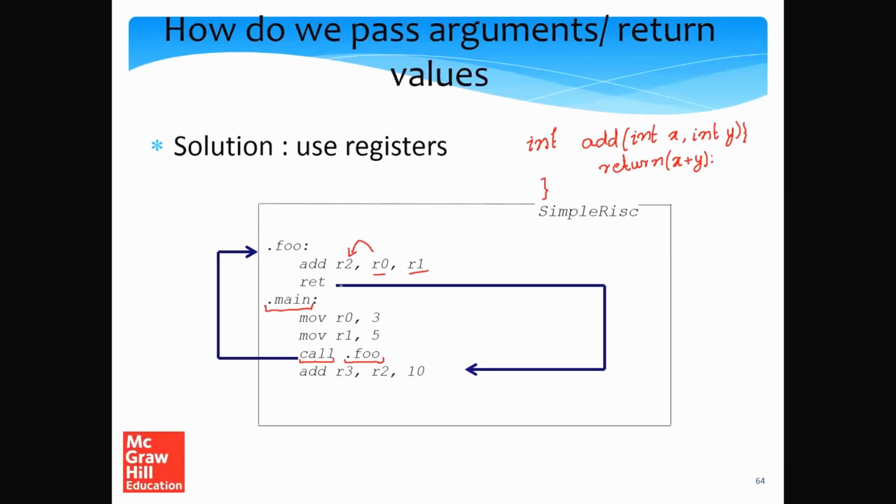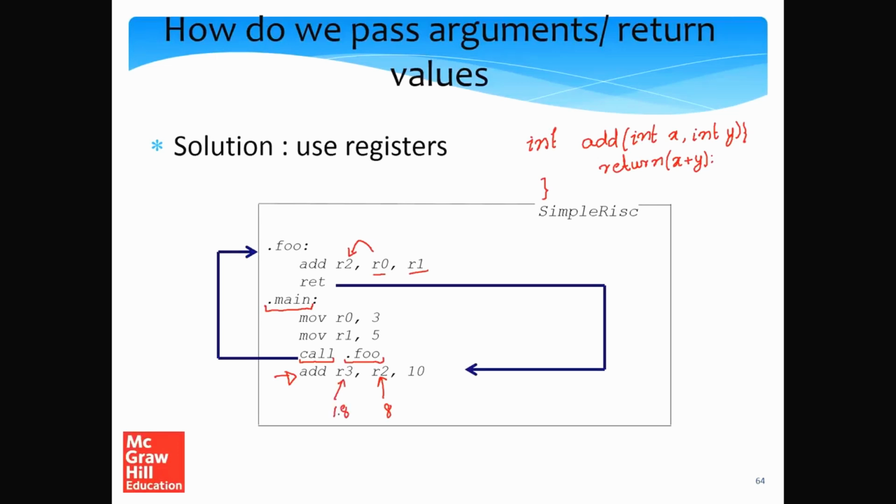When we return back, what simple RISC is supposed to do is take us to the instruction after the calling instruction, which is this instruction over here. So this is exactly what we do. We come back. At this point, the value inside foo is R0 plus R1, which is 8. Then we add 8 and 10, and finally we set R3 to 18.